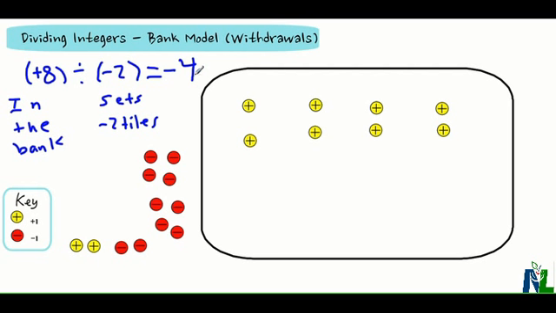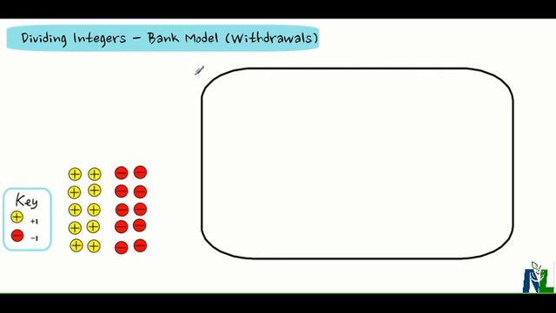All right. So let me do another one there so you can see this withdrawal operation in action again. This time I will do a negative 8 divided by positive 2.